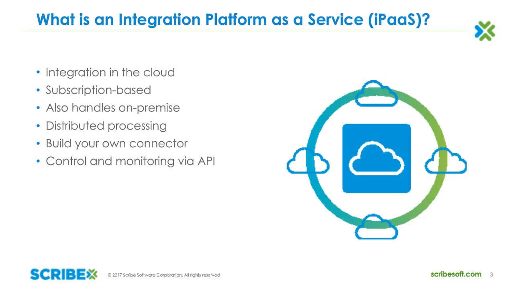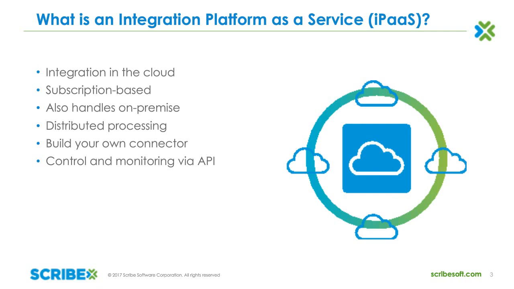And one of the common misconceptions about iPaaS is that they're only for cloud-to-cloud integration. In most cases, that's not true. Most iPaaS platforms, like Scribe Online, do handle integration with on-premise systems, both cloud to on-premise as well as on-premise to on-premise. And we'll look a little bit later at exactly how that works.